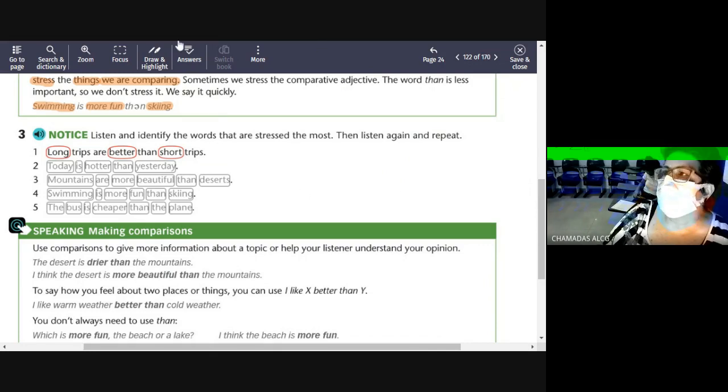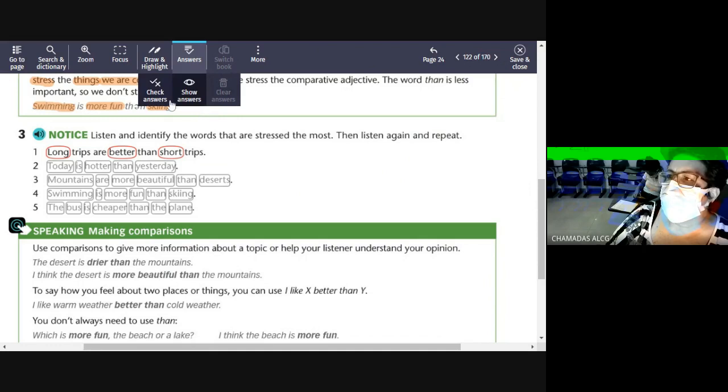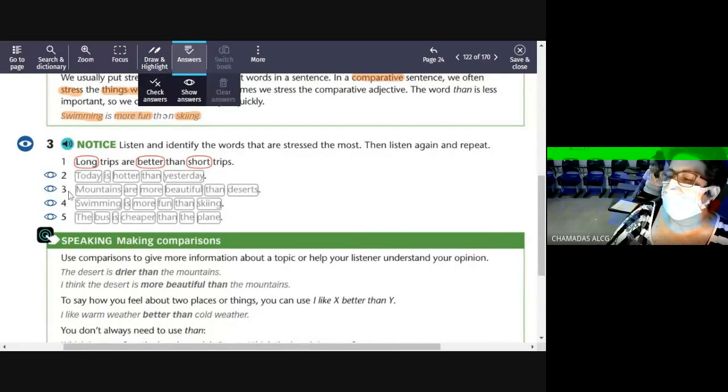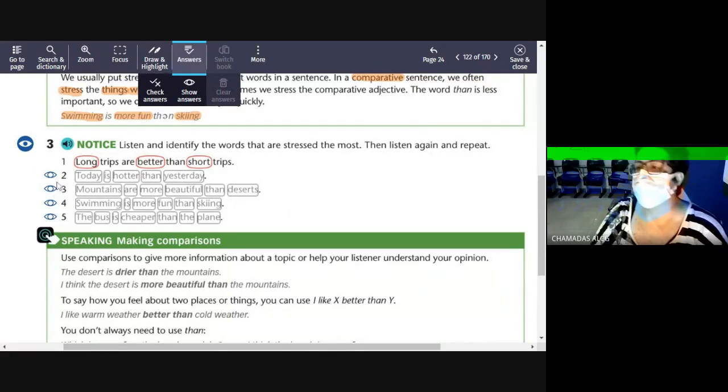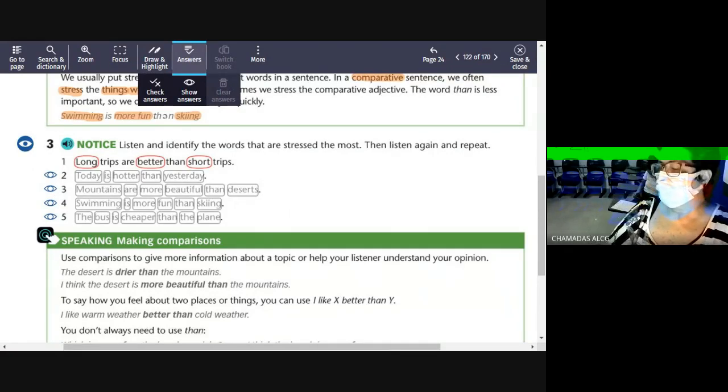Okay, so let's check out where the stress falls. The first one. What are the stressed words? Today, hotter, yesterday. Okay, perfect. Number 3, mountains, deserts.